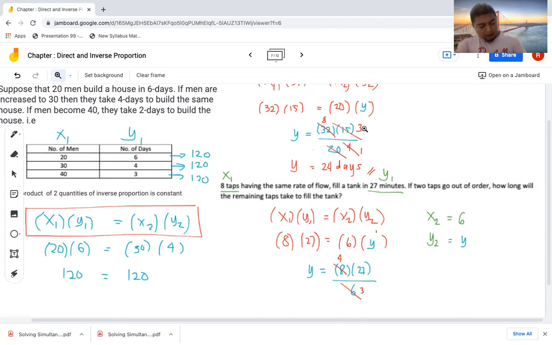And from here, you are now going to divide 27 by 3. Okay, so this is going to give us 9. And from here, we are going to multiply 4 and 9 to give us the value of 36. And since the unit of your y is minutes, this would mean that the answer here will be equivalent to 36 minutes.